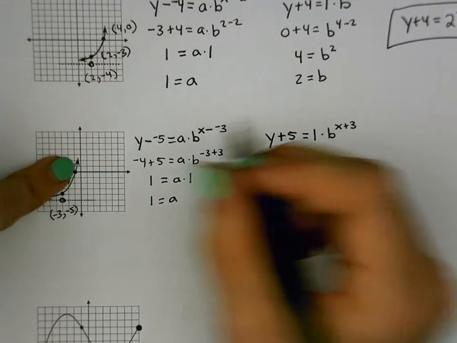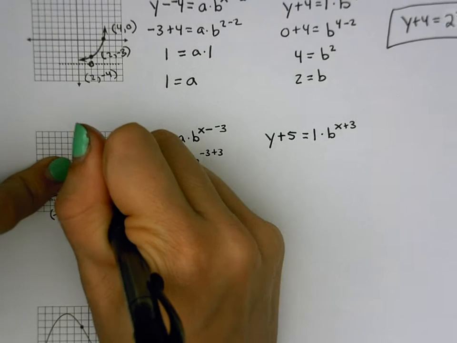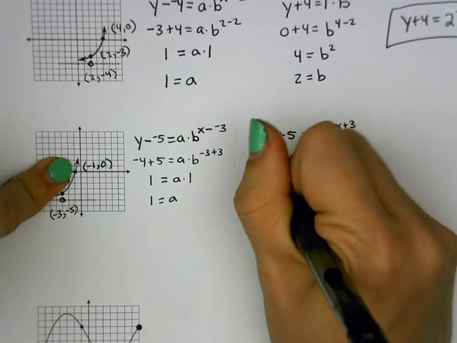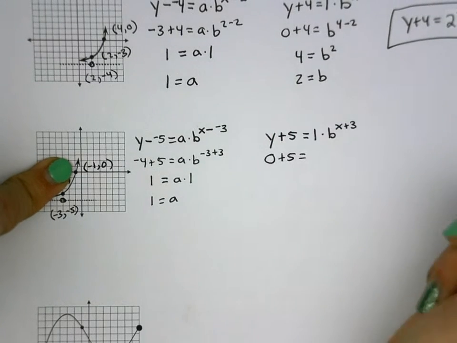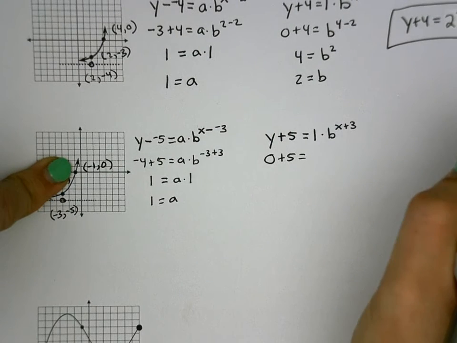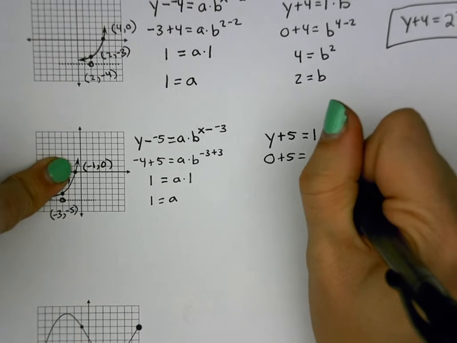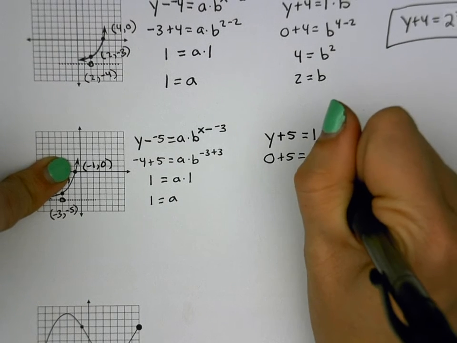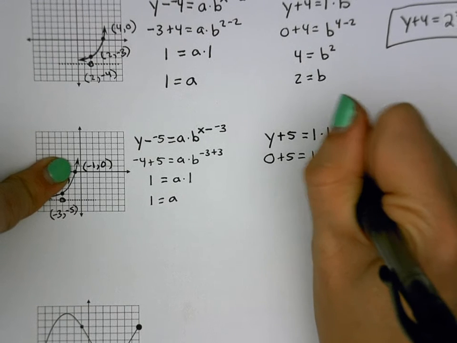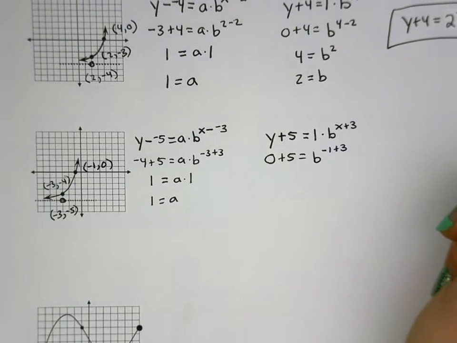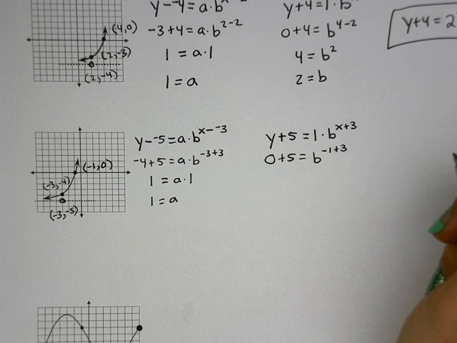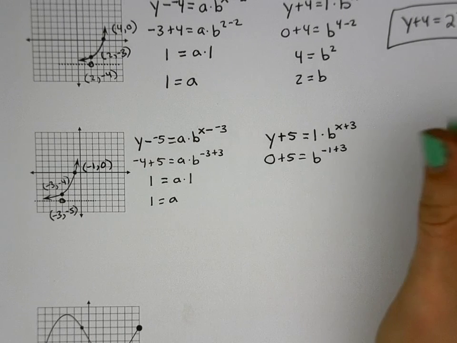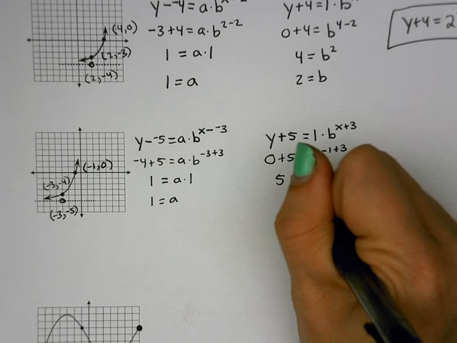Now my other point comes in at x equals -1, y equals 0. 0 plus 5 equals, and we are looking at b to the -1 plus 3. Okay, so then 0 plus 5 is 5.